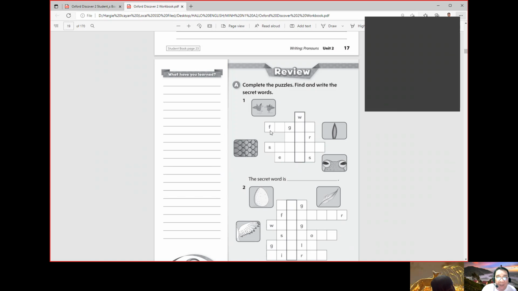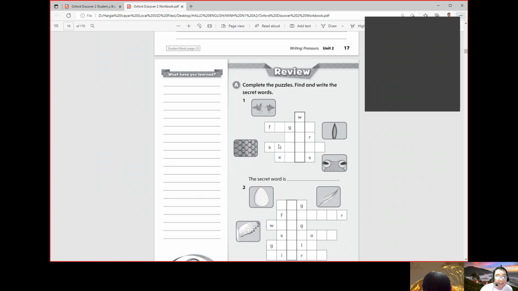What do you think would be this one? What about this one? Okay, I guess this one is eyes. Yes. So we have to put in here Y, and then E, and then S. That's correct. What about this one? Scale.